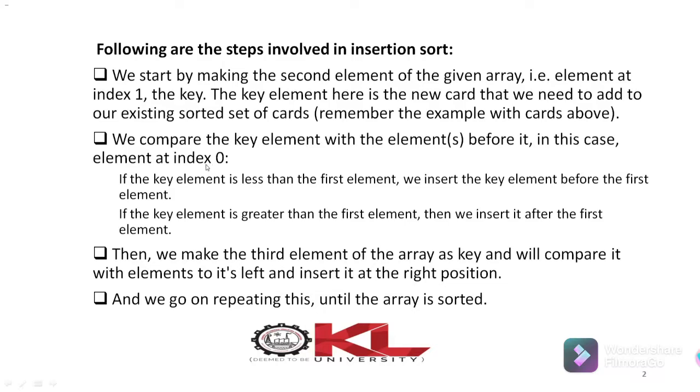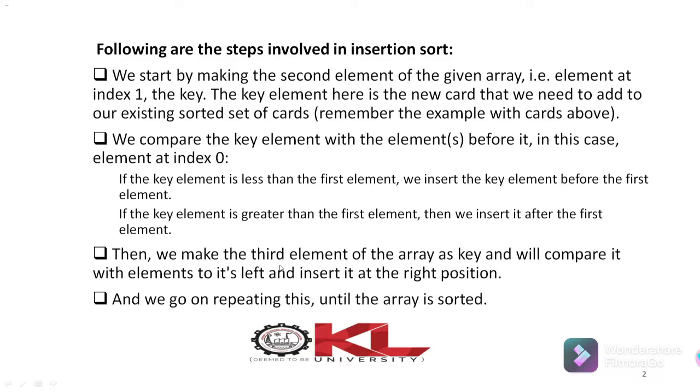In this case, for the first pass, the first element is at index 0. If the key element is less than that 0th element, the first element, we need to insert the key before that first element. If the key is greater than the first element, then we insert it after the first element. So pass 1 is over.